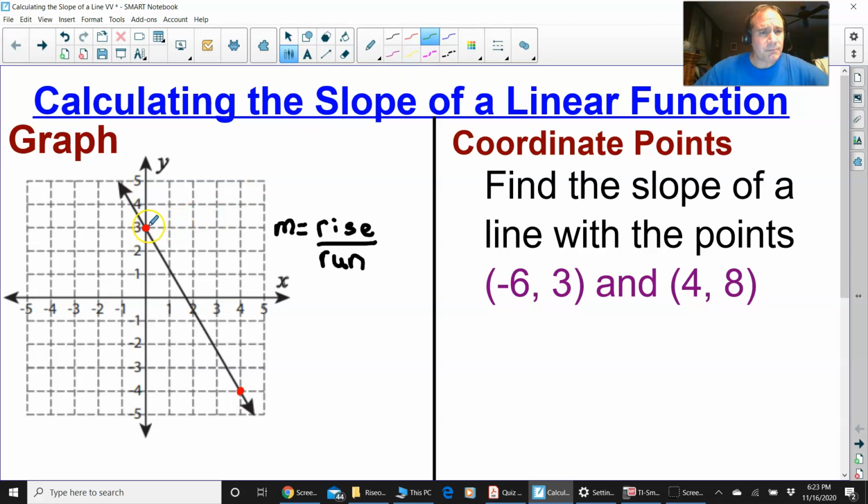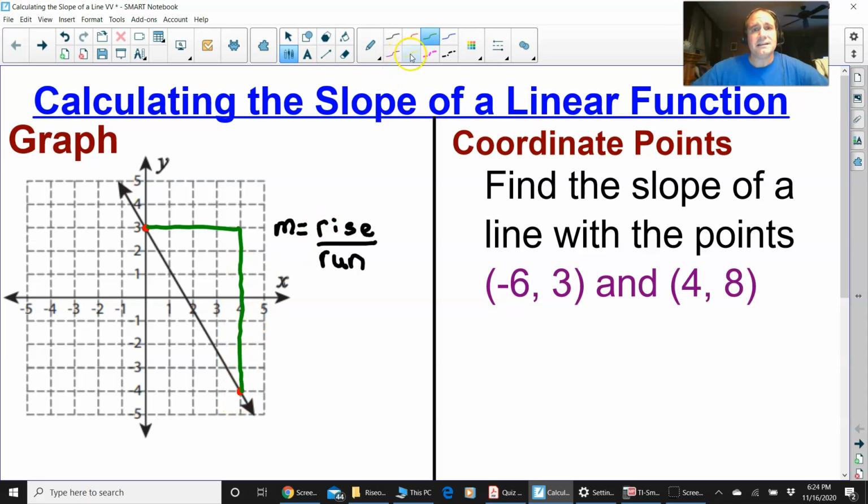So I'm going to go one way. I'm going to go to the right, and I'm going to go all the way over to the right until I could go down and reach that other point. And I'm going to go down and reach that other point right there. All right, so I went to the right and down.